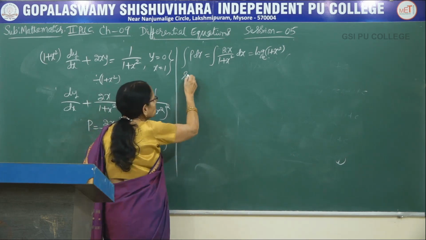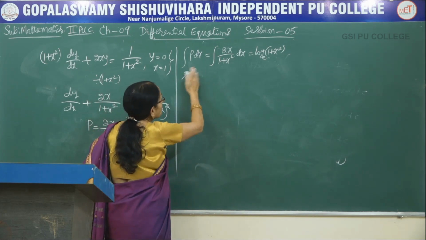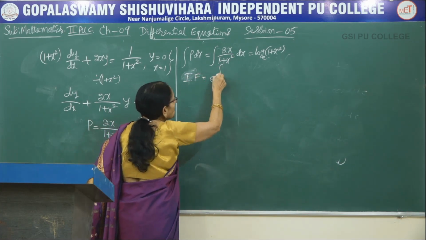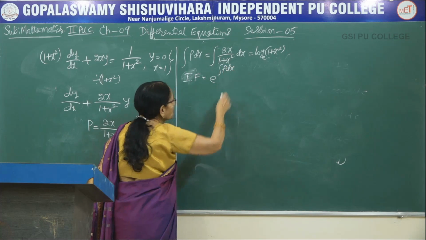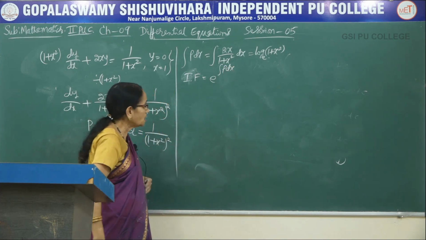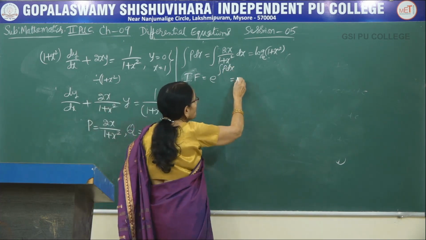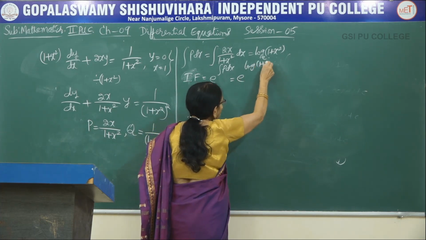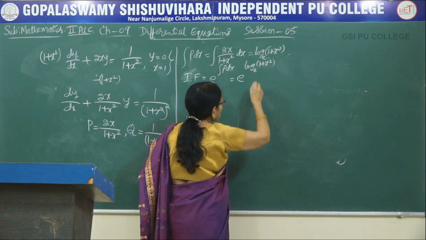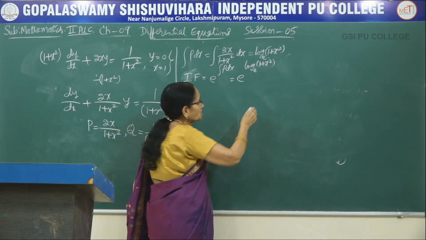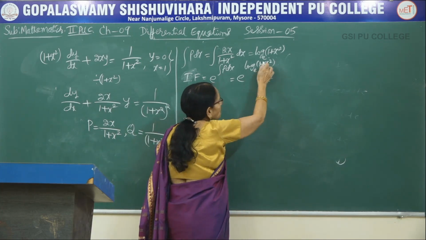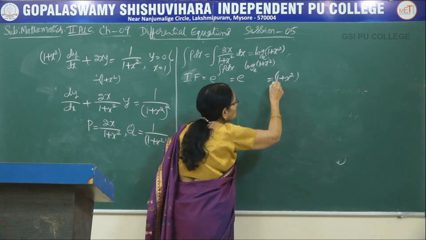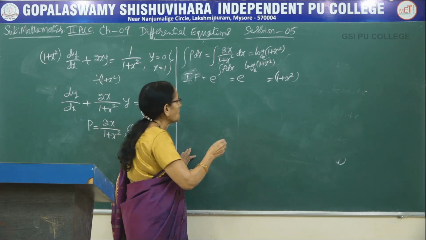Now, let me write the solution. First I write the integrating factor, which is e to the power integral p dx. Here, write it as e to the power log of 1 plus x square to base e. Now, e power log x to base e is equal to x itself, in this case 1 plus x square.